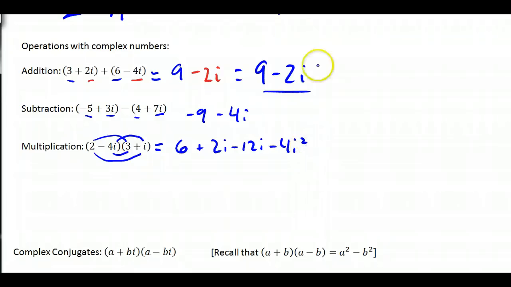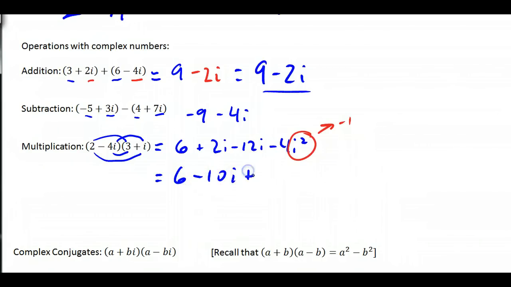And remember that i squared is -1. So what happens is we're going to get 6 minus 10i plus 4, and I get 10 minus 10i. So when we multiply, we get a complex number.